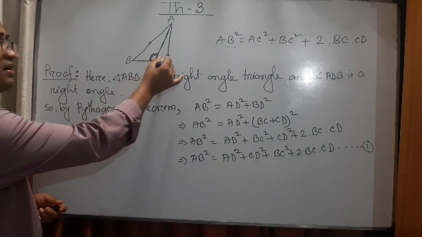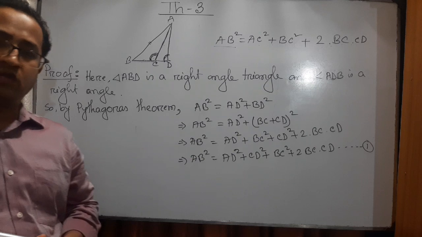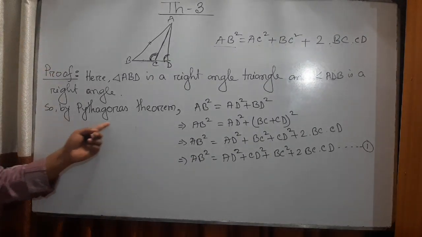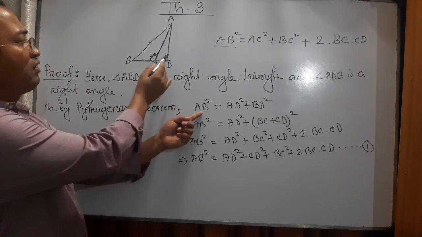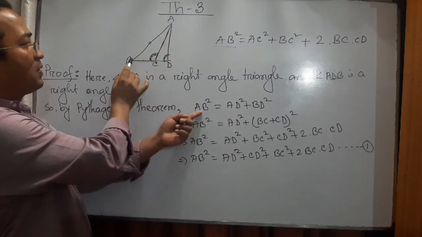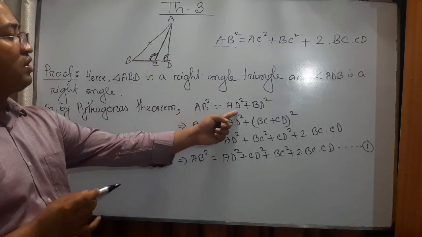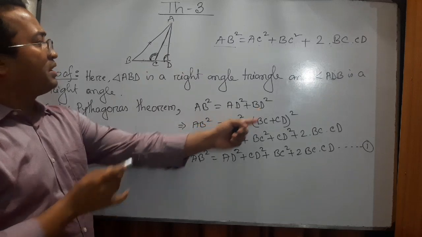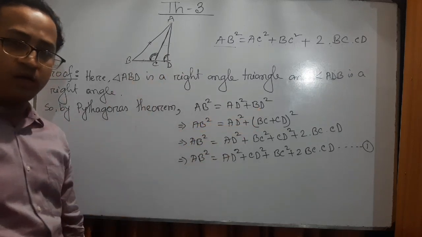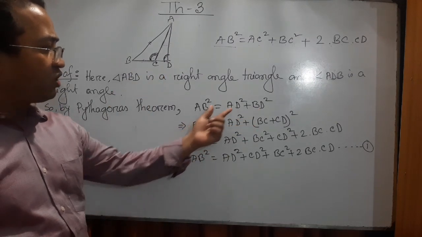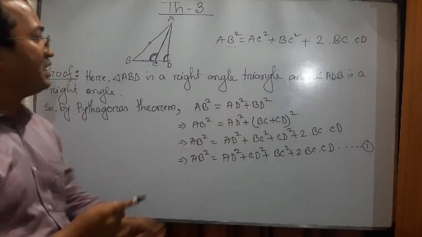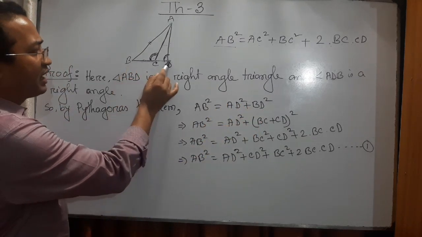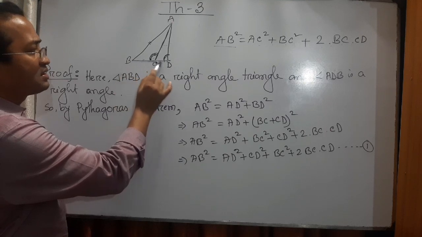So if it is a right angle triangle, we can apply here the Pythagoras theorem. So by Pythagoras theorem, AB square, this is the hypotenuse, AB square equals AD square plus BD square. Now look, AB square equals AD square plus BD square, but BD we can write in two parts, BC plus CD.